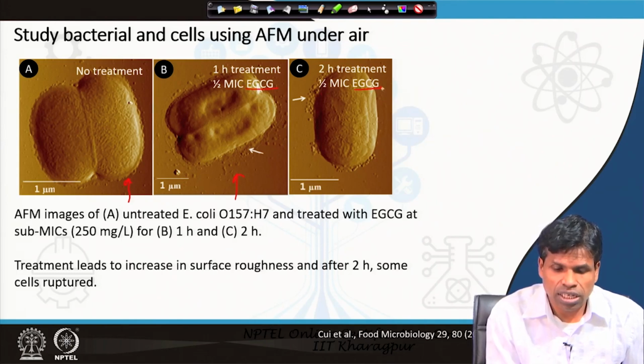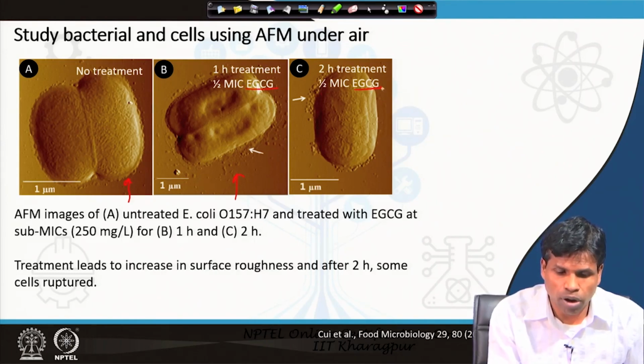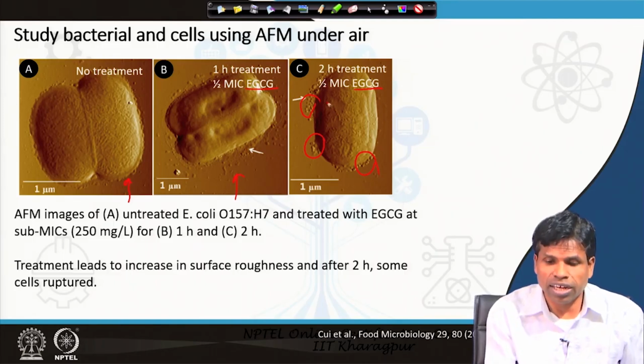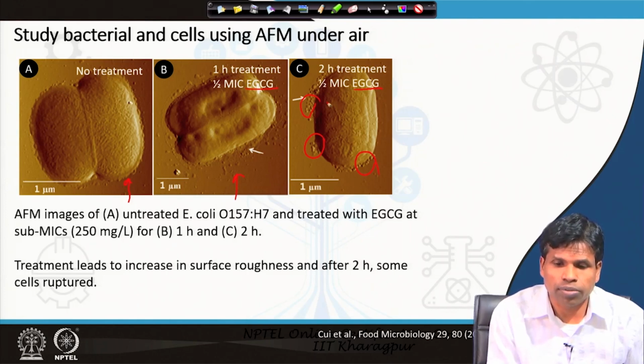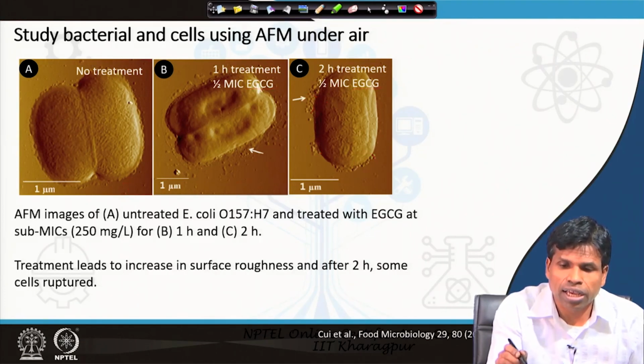With this chemical the shape is getting deformed, and then you can see that around the cell, rupture is occurring, increasing the roughness, and then rupturing of the cell occurs. These can be studied in the atomic force microscope under any environment or under ambient conditions.